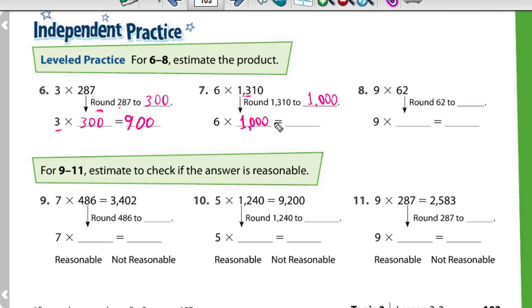And now 6 times 1000 is 6 times 1. No, times, not plus.